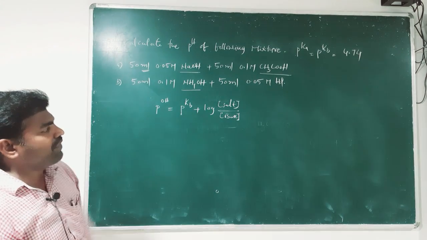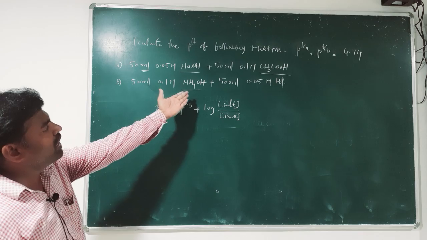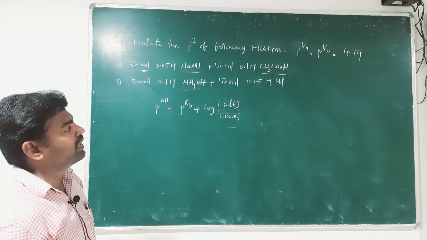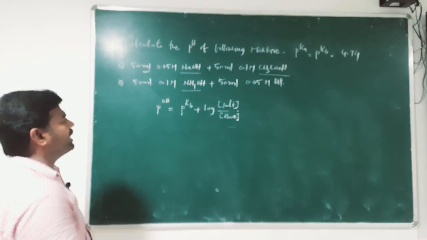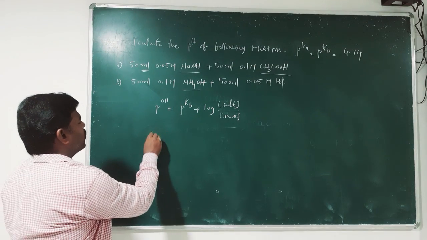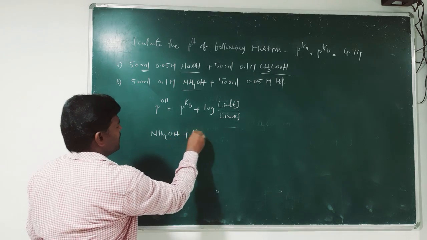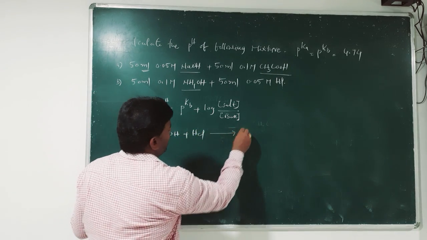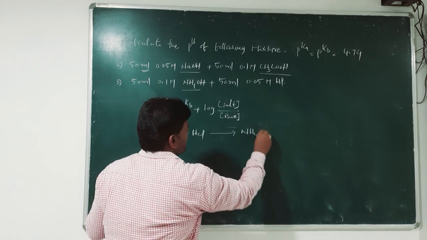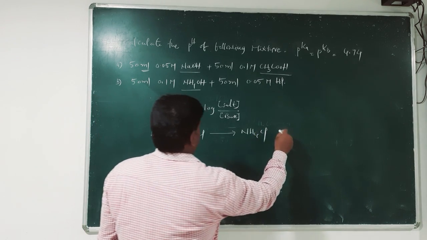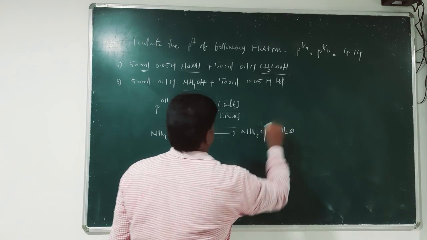So we should calculate the concentration of salt. The salt formed from the NH4OH and HCl is NH4Cl. So the reaction between NH4OH plus HCl gives rise to NH4Cl plus water.